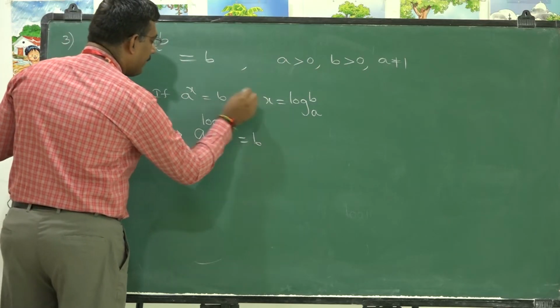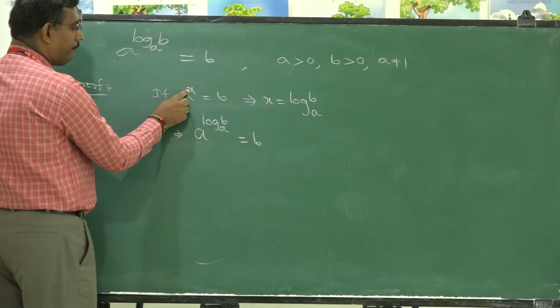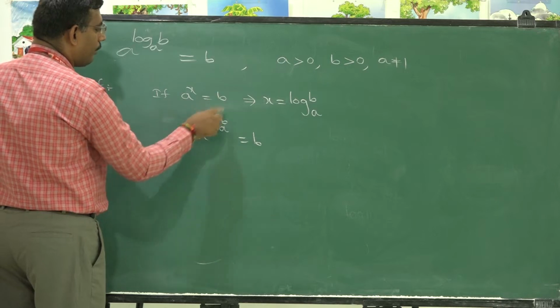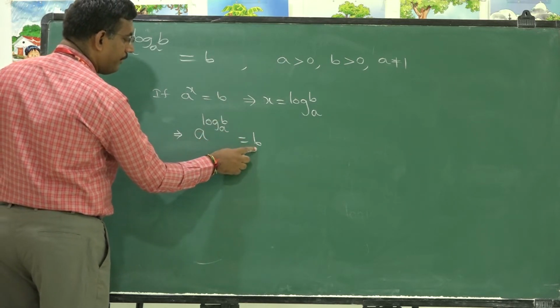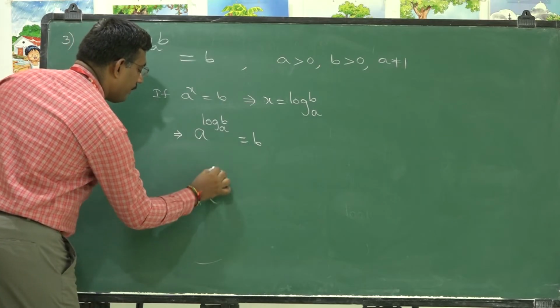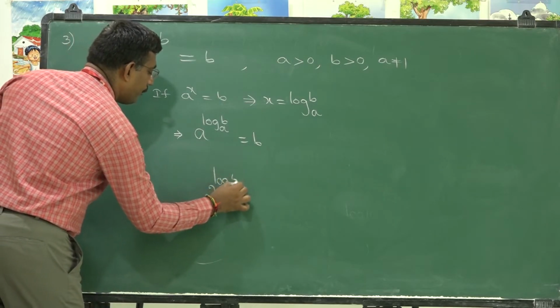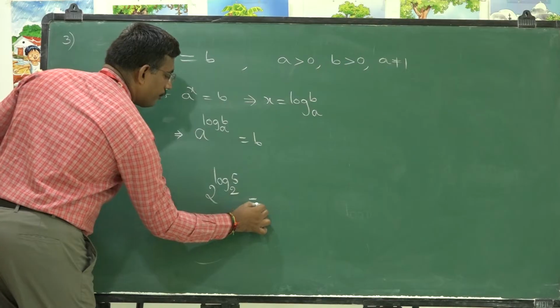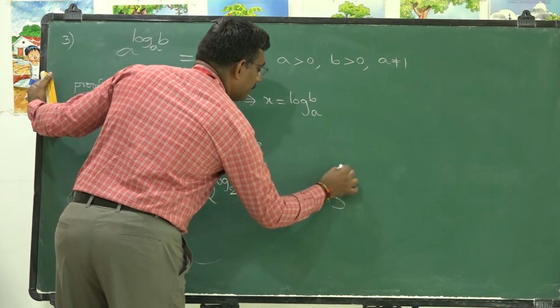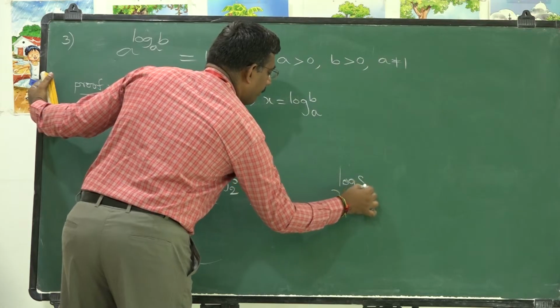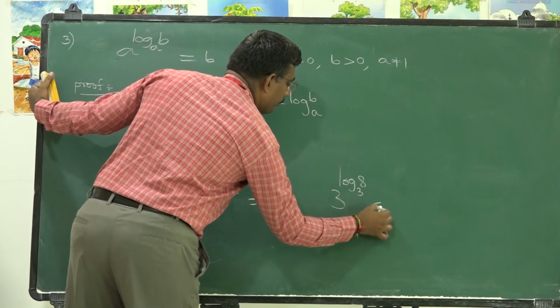We just put the x value here: x is equal to log b base a. Therefore, a power log b base a is equal to b. For example, 2 power log 5 base 2 is equal to 5. 3 power log 8 base 3 is equal to 8.